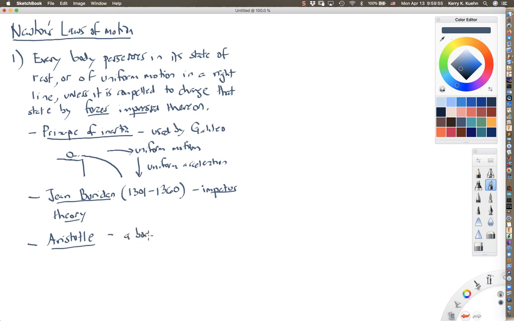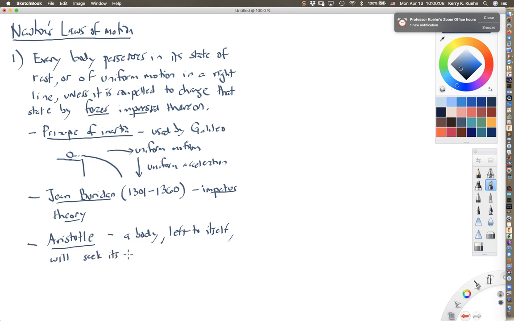So for example, if you have a clod of earth, like a clod of dirt right here, if it's left to itself, it naturally tends to go toward the center of the world, of the universe, according to Aristotle. So that's what it naturally does.